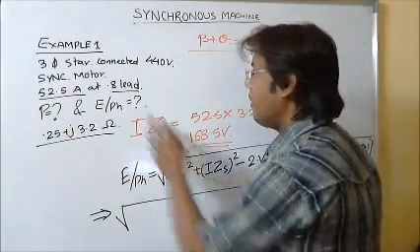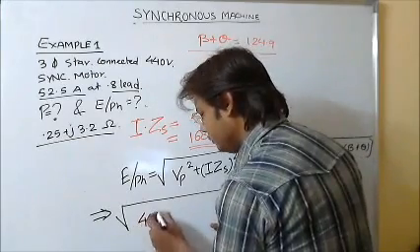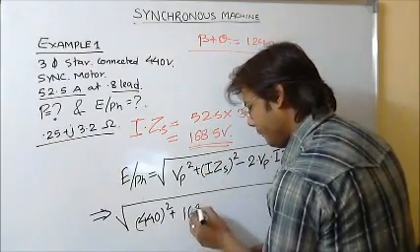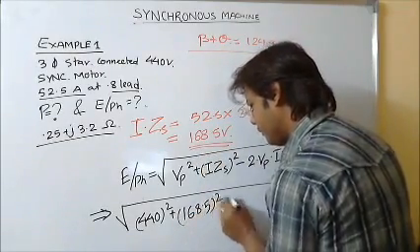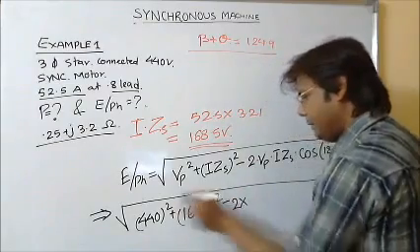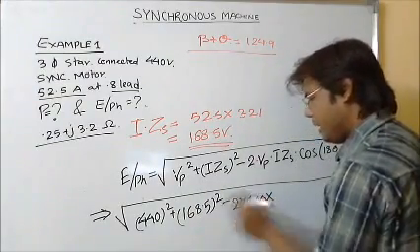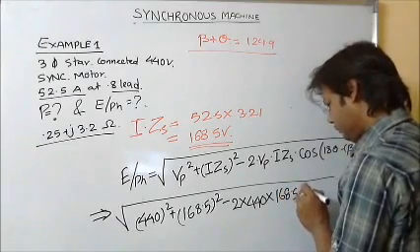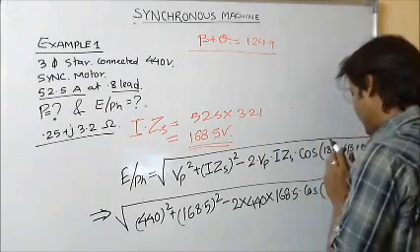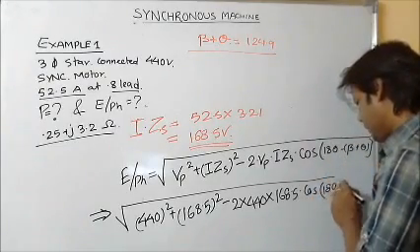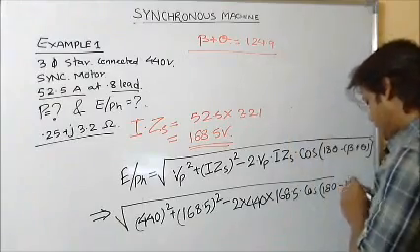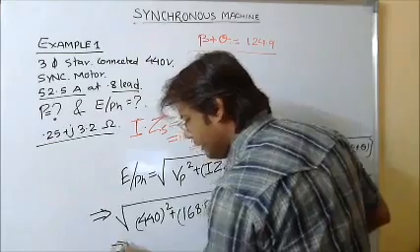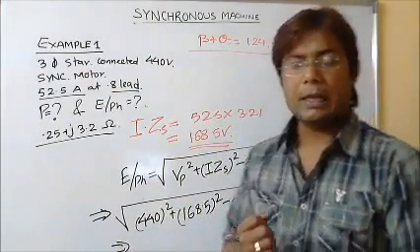Vp square, I know, Vp is 440, plus the IZ drop I got as 168.5, minus 2 multiplied by Vp is 440 again, into Iz is 168.5, into cos of 180 minus 124.9.